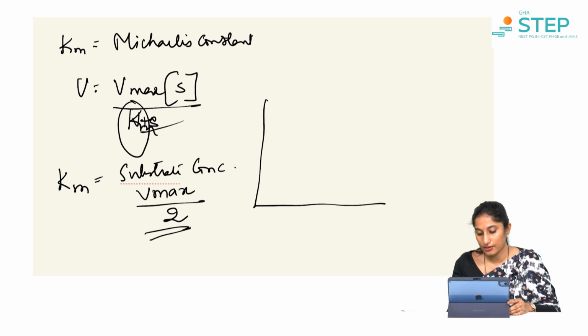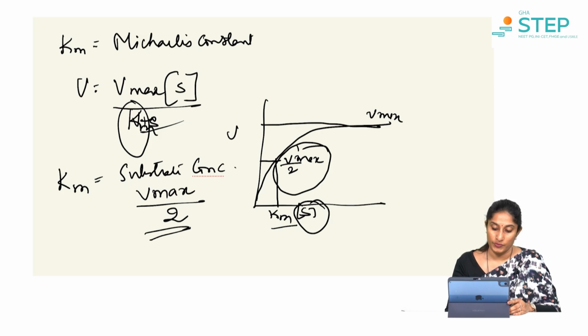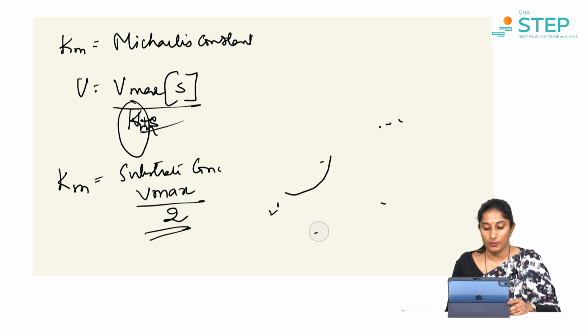If I am plotting the graph again, S is here, V is here, and this is the Vmax. So, where is half Vmax? I am thinking this is your half Vmax. If I am dropping a perpendicular down, that would refer to my Km. So, what am I showing you here? Km is the substrate concentration at half maximum velocity. This is an important part you need to remember about Km.